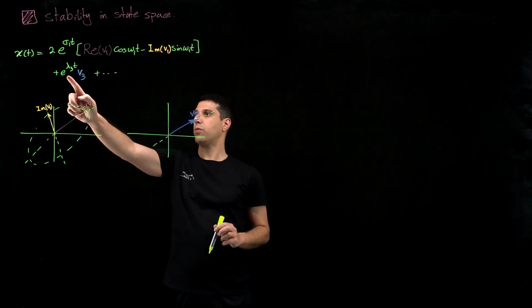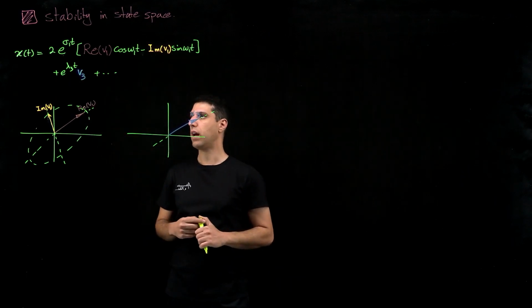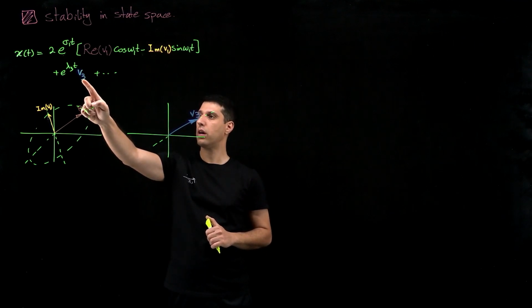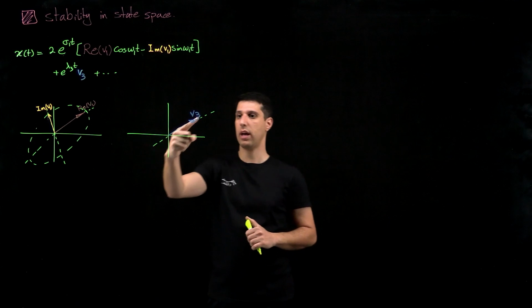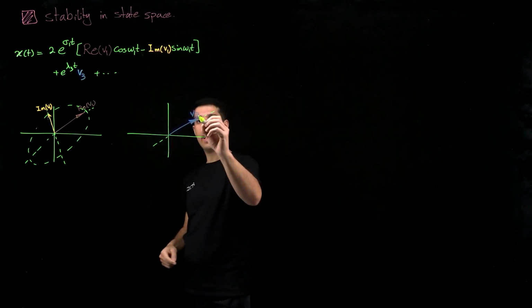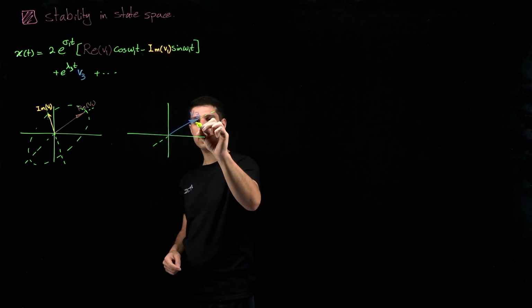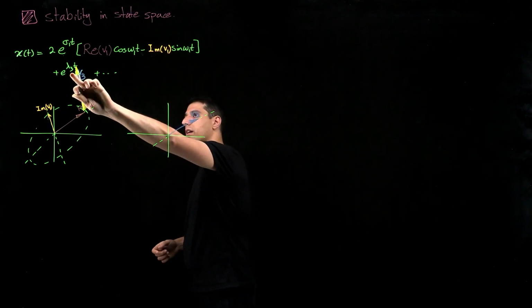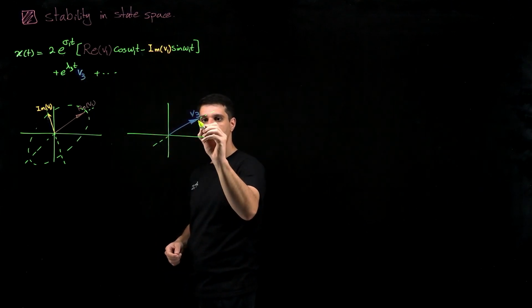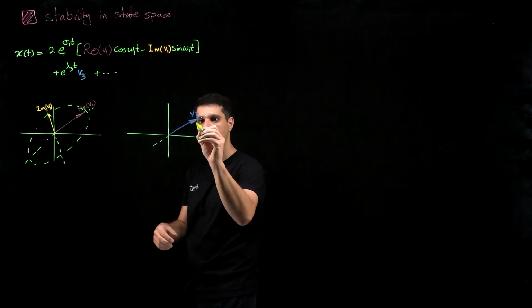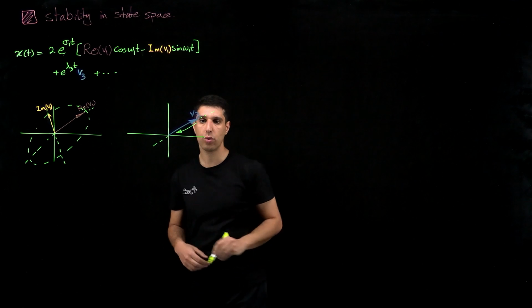And when you have only real eigenvalues, not complex, you will end up with a real eigenvector that is a direction. And as you start from any point along this, if your eigenvalue is negative, you start from here and come down in the same direction towards 0.